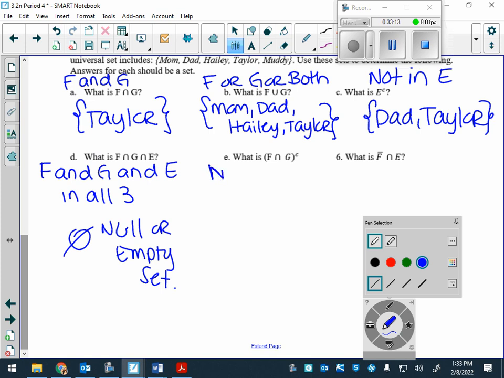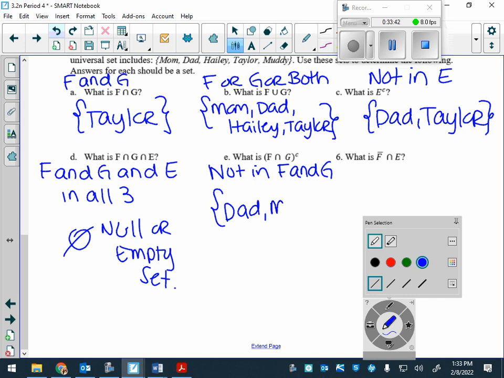So this is not in F and G. So basically it's saying it's not in the intersection. So we already found the intersection, which was Taylor, right? So who is not in that intersection? Liam. Yeah. Who else?